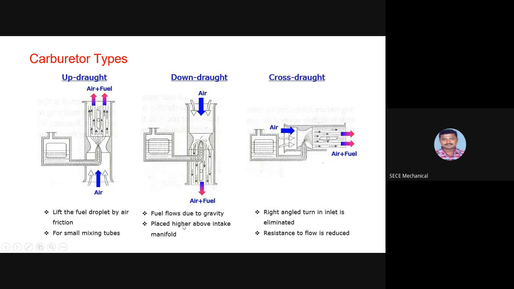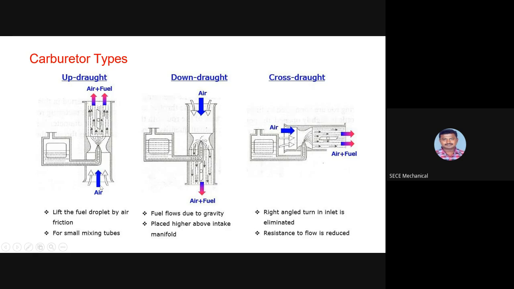And there are different types of carburetors we had in olden years: the updraft carburetors, downdraft carburetors and crossdraft carburetors. So in updraft carburetors, this will lift the fuel droplets by air friction, and for small mixing tubes we are using an updraft.